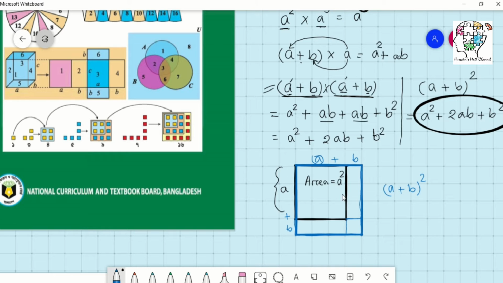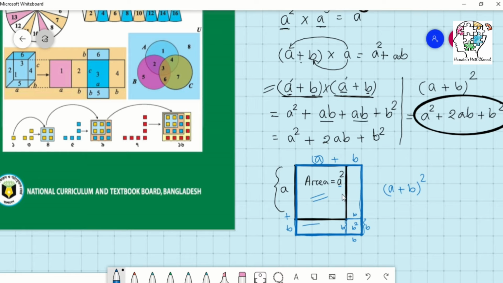So this medium sized square area is a square, and also there are two more. Say this side is extended as b, so the area of this square is b square, right? This is b square because this side is b, this side is b.